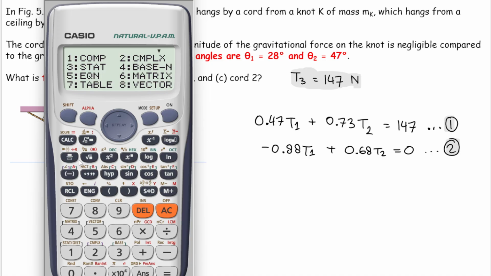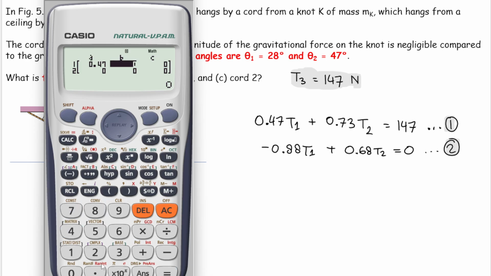Let's set this up. The equation solver is number 5, and we have 2 variables. Let's plug that in. I will have 0.47 and then 0.73, and that will equal 147. Good. And then we will have minus 0.88, and then 0.68, and that will equal 0.